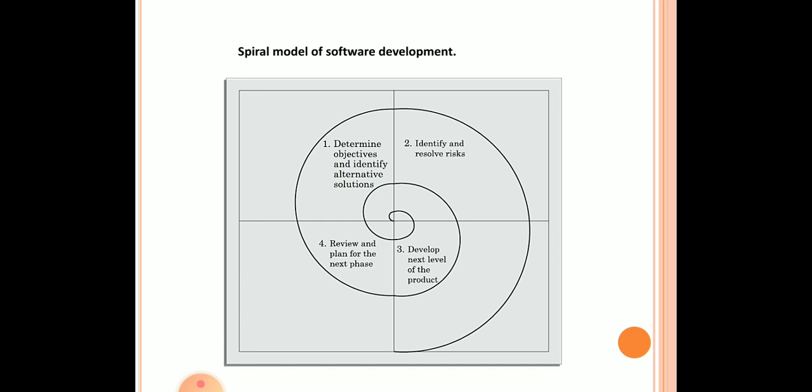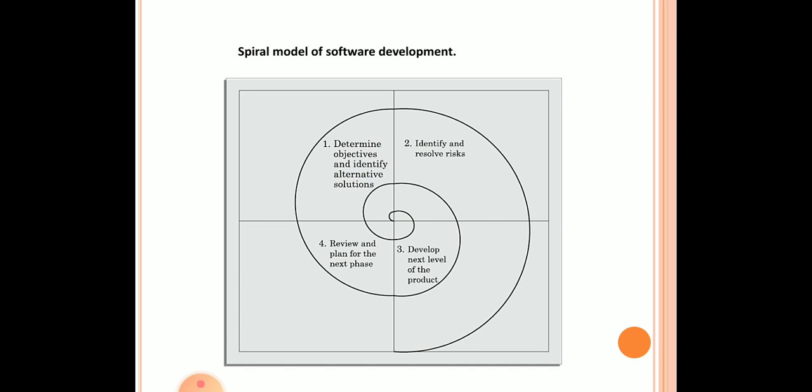Alternative solutions for handling the risk, as well as alternative solutions for implementing the objectives, are determined at the first quadrant. In the second quadrant, the alternative solutions are evaluated to select the best possible solution. So at the first quadrant, we determine, analyze and elaborate the objectives, and the risk to be handled at that point will be identified.